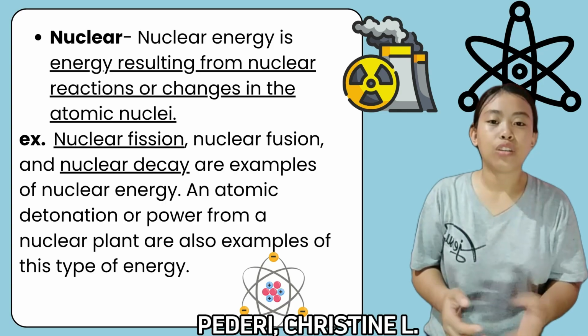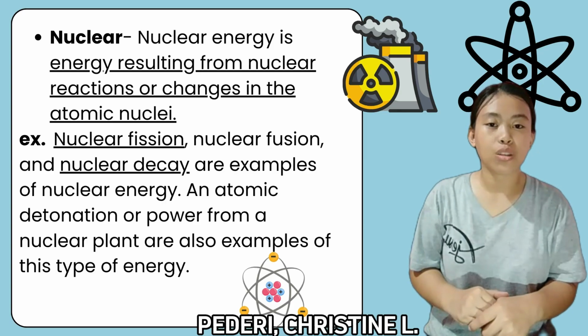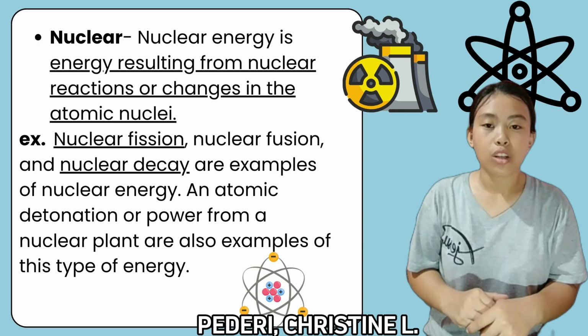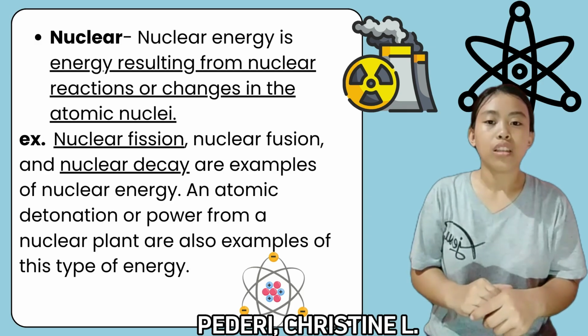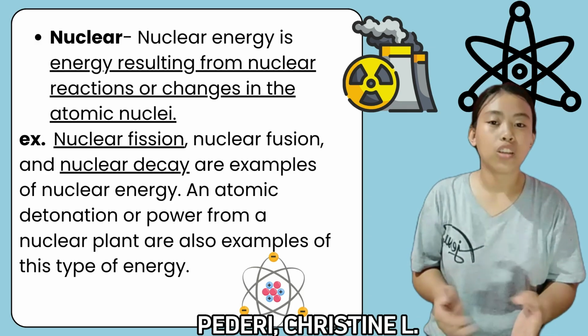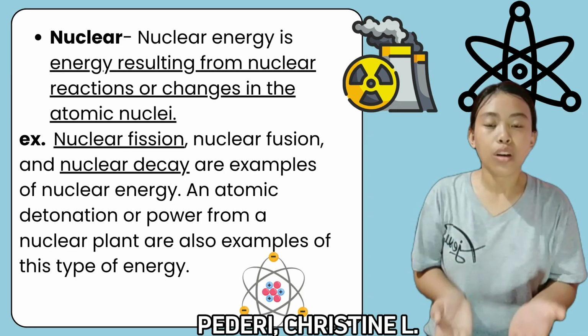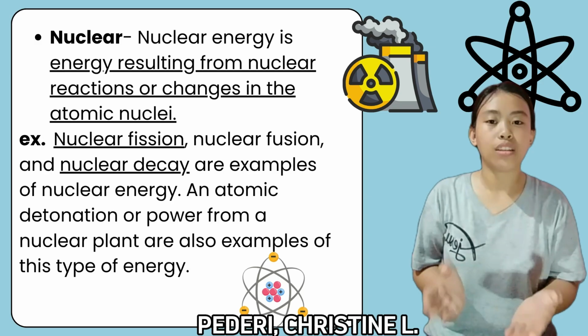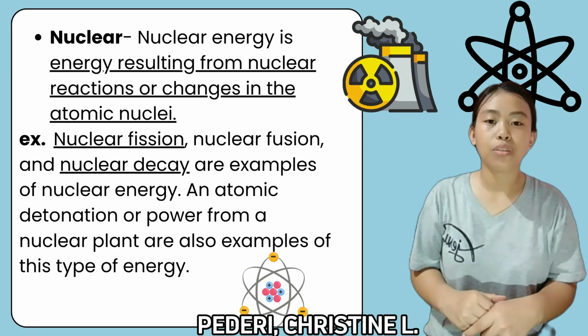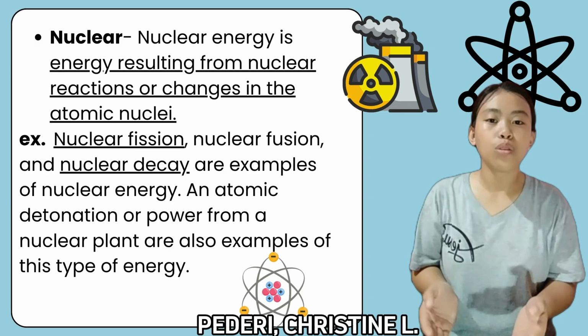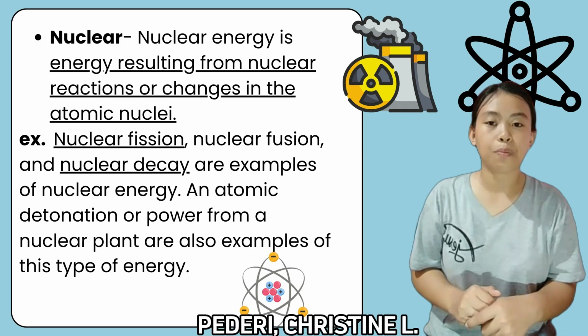It is an energy resulting from nuclear reactions or changes in the atomic nuclei. Nuclear fission, nuclear fusion, and nuclear decay are examples of nuclear energy. An atomic detonation or power from a nuclear plant are also examples of this energy.